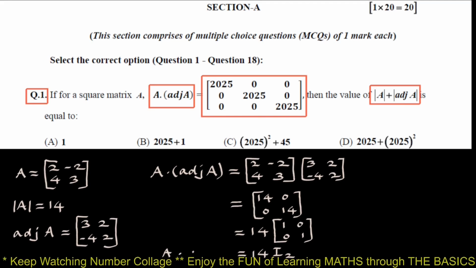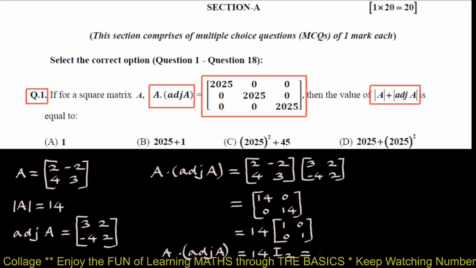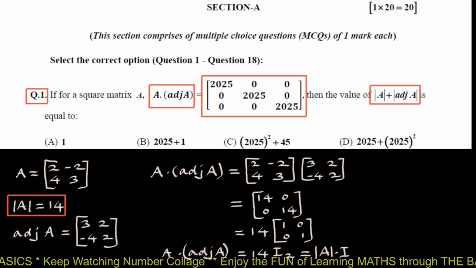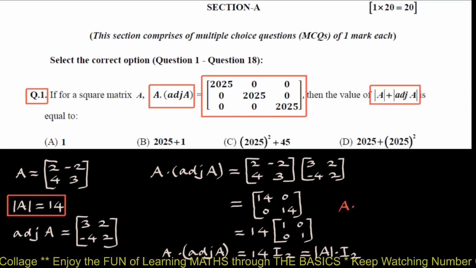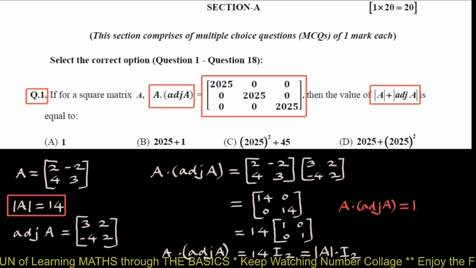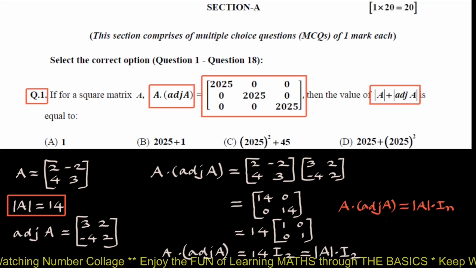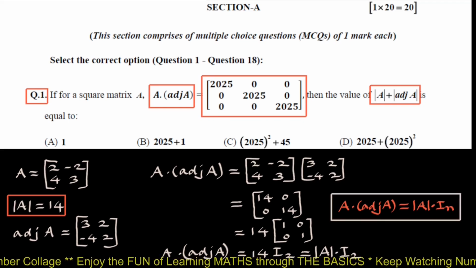So A into adjoint A is 14 into I2, which is nothing but determinant of A into I2. So we have a result: matrix A into adjoint A equals determinant of A into unit matrix of the same order as matrix A. We need to use this result also in the solution.